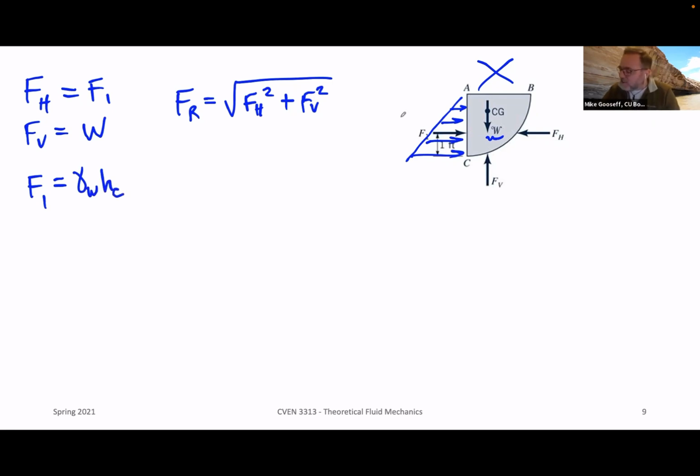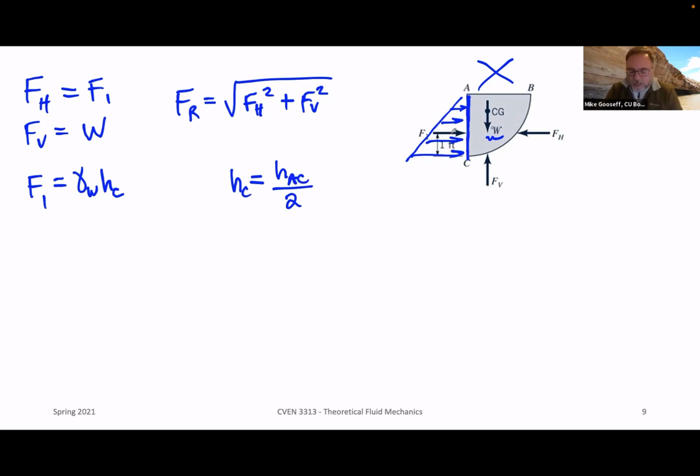So in this case, I'm just going to note HC, the centroid location or depth, is equal to H from A to C, whatever that length is, divided by 2, where this is A to C, that chord, so to speak, in our shape.